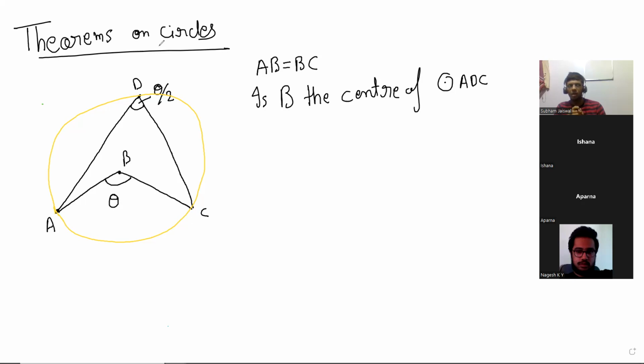Why? Yeah, okay. If AB is not equal to BC, then it is certainly not the center. But if AB is equal to BC, does that guarantee that it's the center?